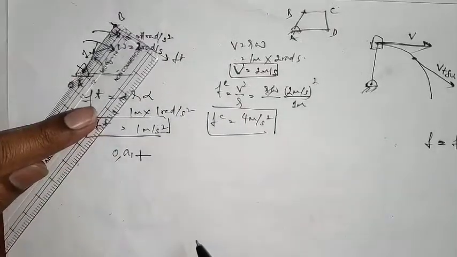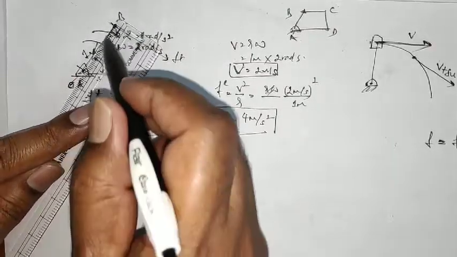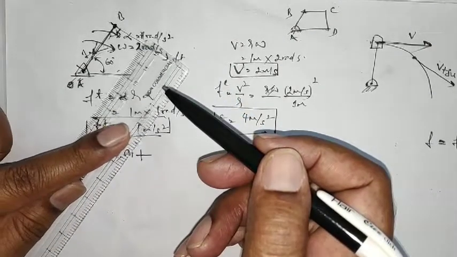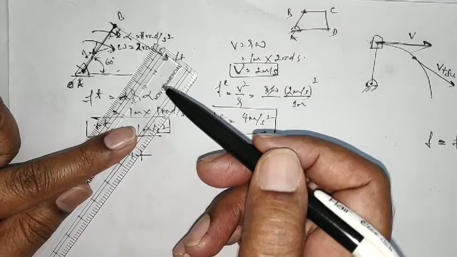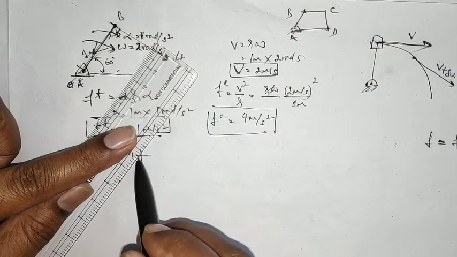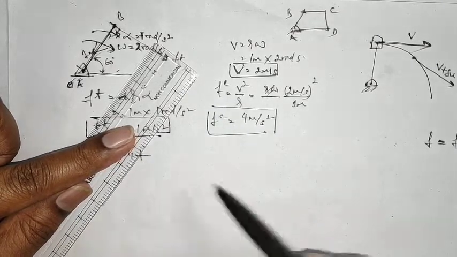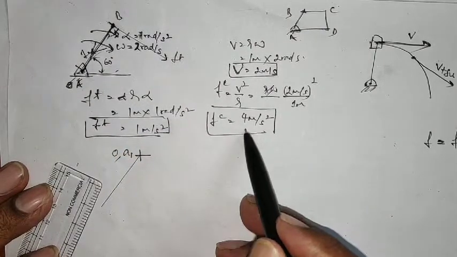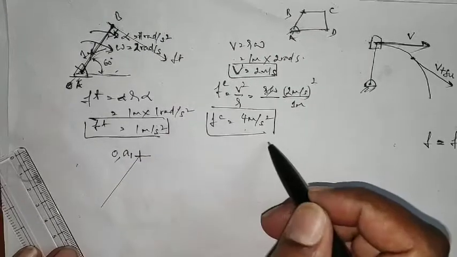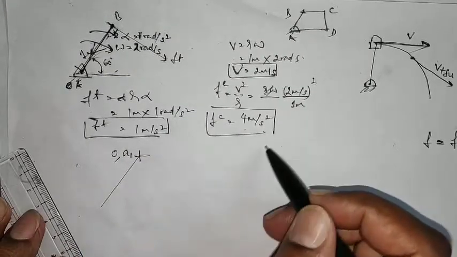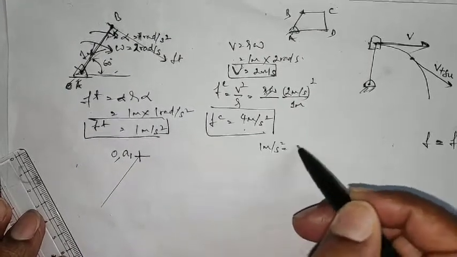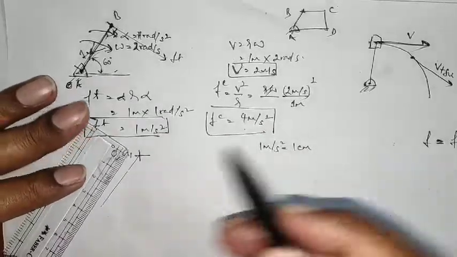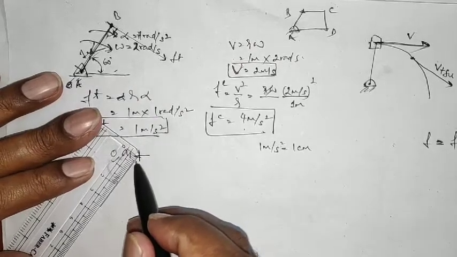Let us keep the scale parallel to this link and move the scale like this, and I get a vector in this direction. The centripetal acceleration is 4 meter per second square. I will take a scale where every 1 meter per second square is 1 centimeter, so this 4 meter per second square becomes 4 centimeter here.